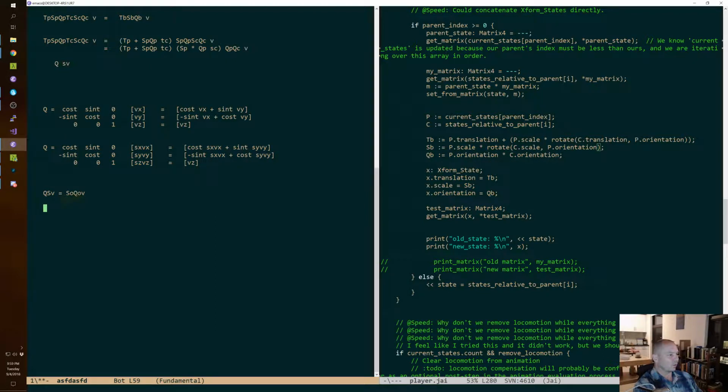Well, you can say V equals S inverse Q inverse QSV, right? Because Q times Q inverse is identity and S times S inverse is identity, and that leaves you with V, right? So there's some algebraic trick you can play to do something here.